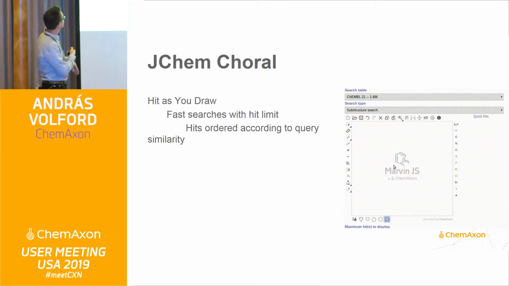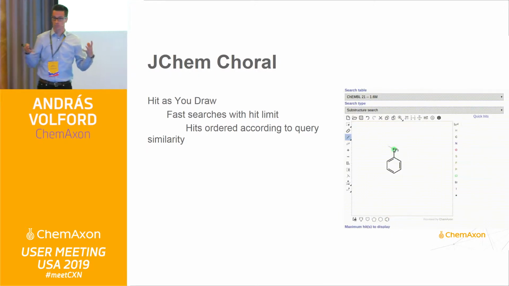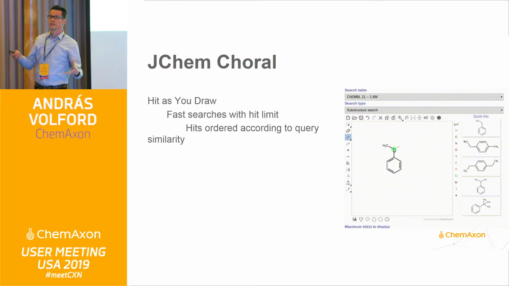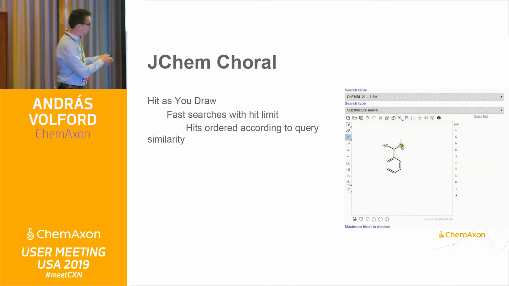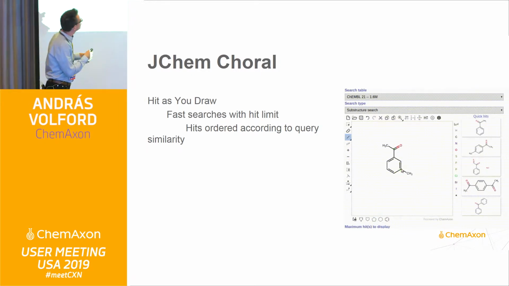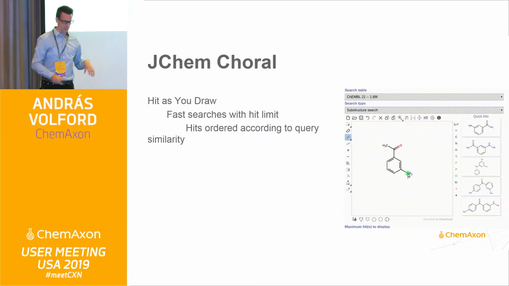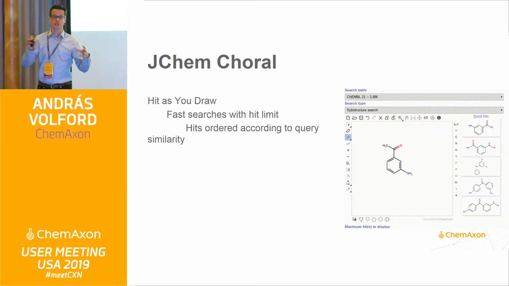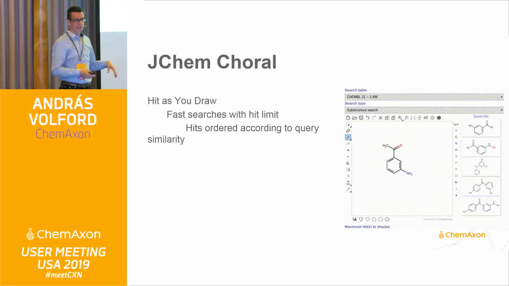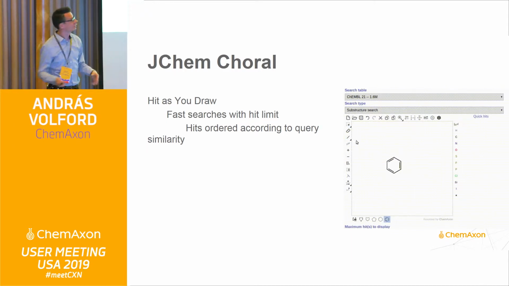Technically, this means that we implemented fast searches with hit limit. That means that if you are drawing your benzene structure, that was the first one, and the database has a size of, I don't know, 1.6 million structures, then we will not give you back 1.5 million structures, because probably you are not interested in that.